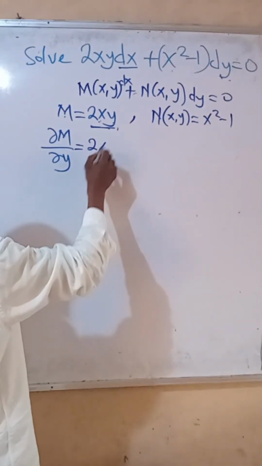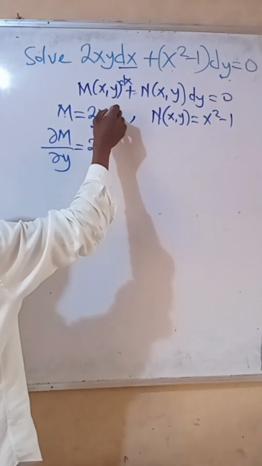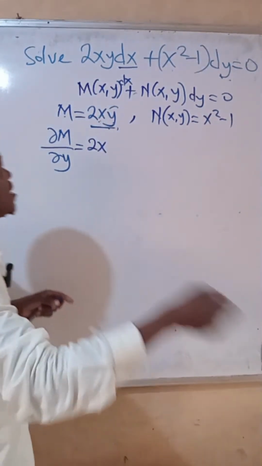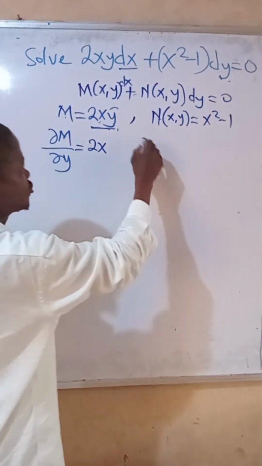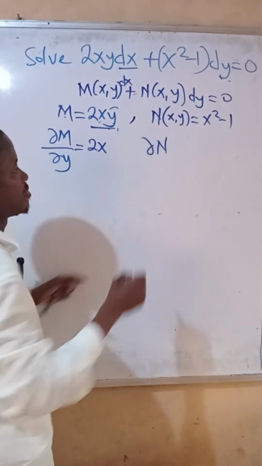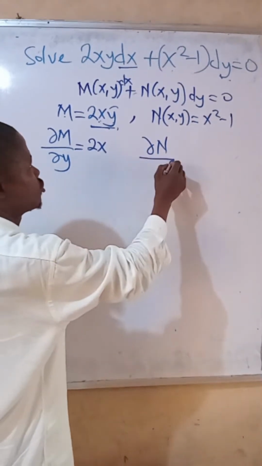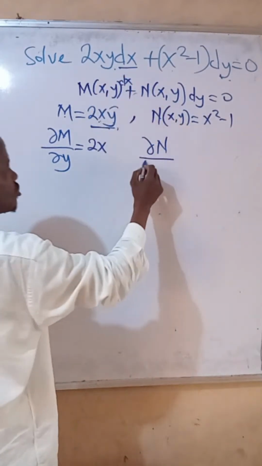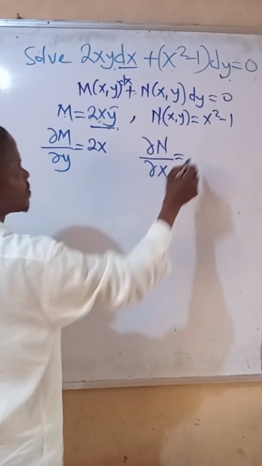So 2x will be kept as a constant, then you differentiate y with respect to y. Then go to partial of n with respect to x.